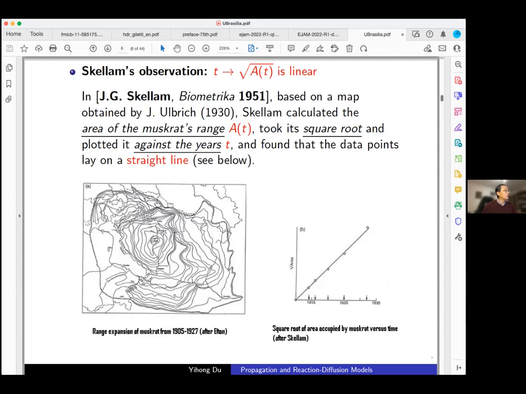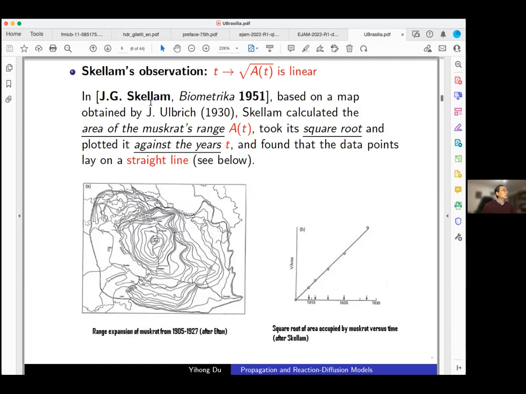And with each closed curve, there's a year attached to it, indicating the spreading front of the muskrat in that particular year. So people followed their expansion, and for every year they observed where the spreading front was, and they followed these and got this map. So that's a map of data for over 20 years, from 1905 to 1927.